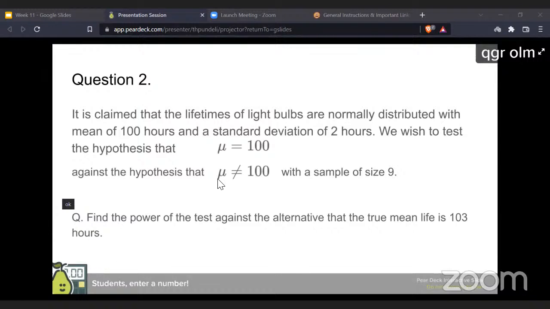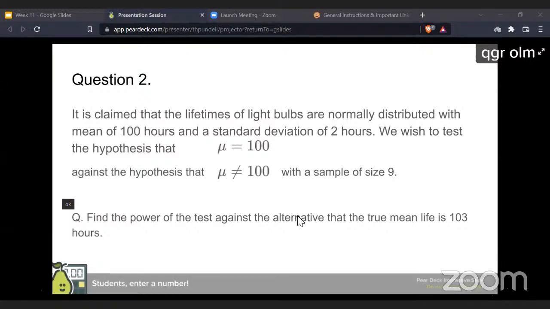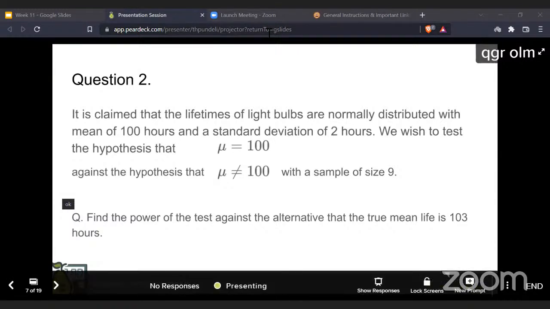So you need a particular value of mu for which you can actually find this error. So this is what is meant by against the alternative. So let's say now your alternative is 103. When the alternative is 103, what is the probability that you are going to accept H0? That is type 2 error. All right. Correct. Yes.